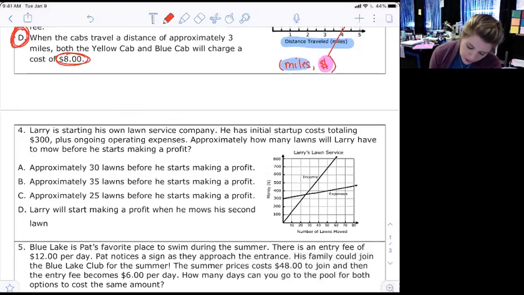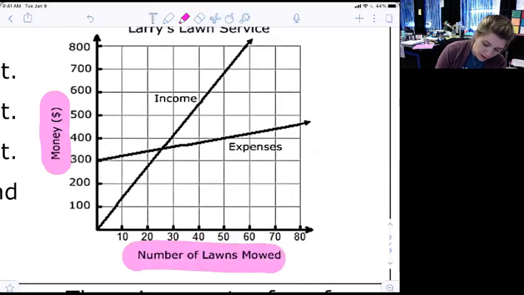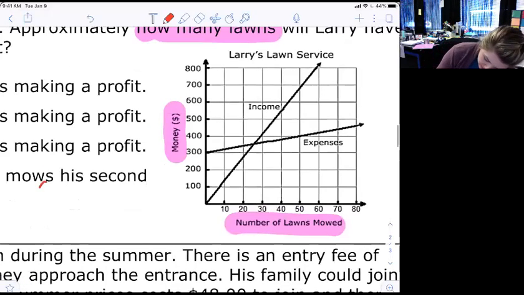So what we're trying to decide is how many lawns, so I'm going to highlight this, how many lawns will Larry have to mow before he starts making a profit? So we come over here. Our number of lawns is our X and our money is our Y. So I like to write that down. So these are going to be our lawns here and our money is going to be over here.